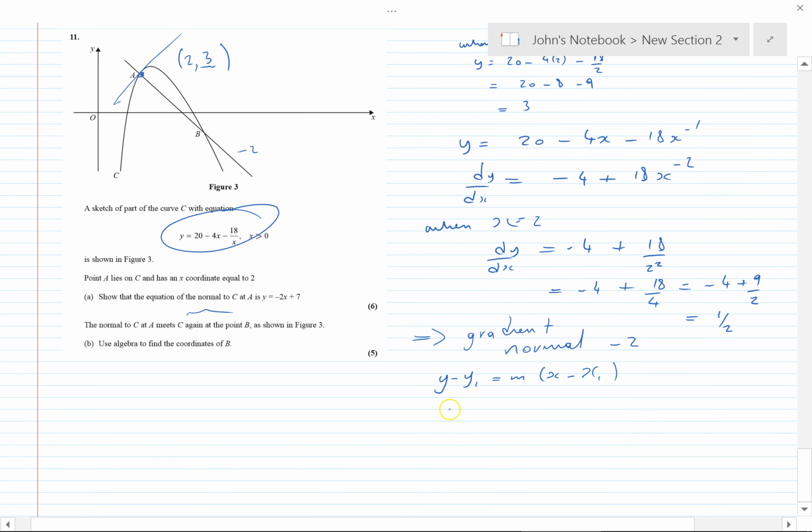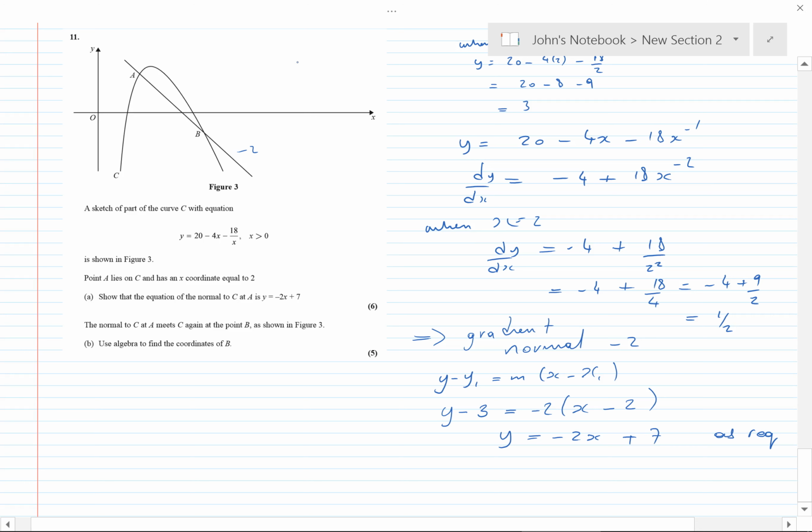So that's y minus the y coordinate, which we just worked out, which is 3, is equal to minus 2 times x minus 2, and hopefully that gets us to the required answer, which of course it does. So that's y equals minus 2x plus 7 as required. Okay, so that's that part of the question.